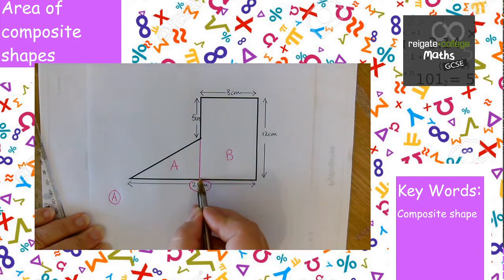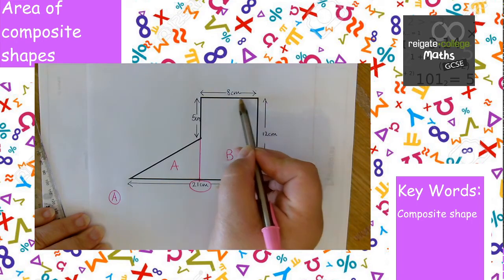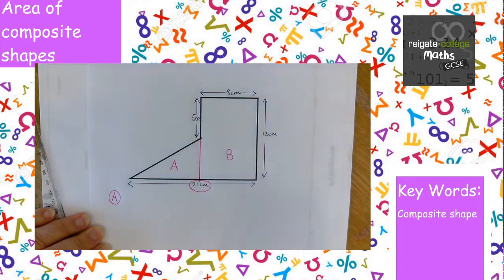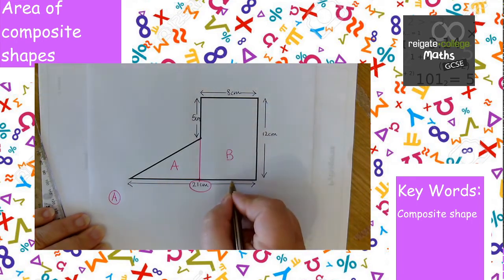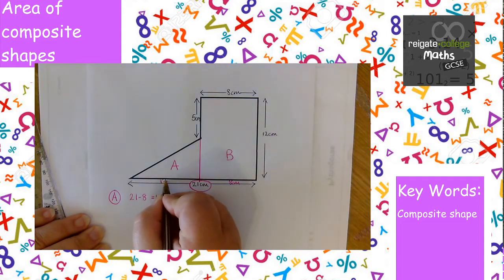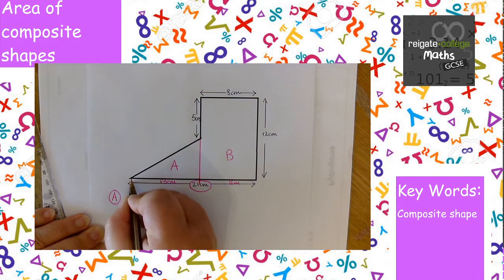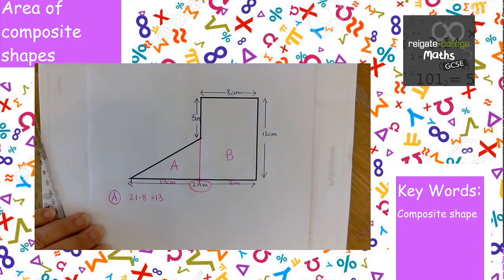This part of the base is going to be the same length as this top line of my rectangle. So this is 8 centimetres to here. If I subtract 8 centimetres from the 21, which will leave me with 13 centimetres, I know that the base length of my triangle here is 13.